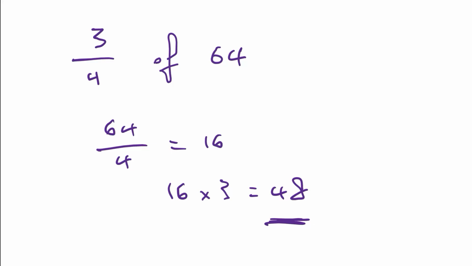That's what you need to do. What you need to stop doing is combining steps. It often doesn't work out because 64 divided by 4 is not equal to 16 times 3. And with the other example, 3 times 6 is not equal to 18 plus 2. So keep separate steps separate, and you'll be grand.